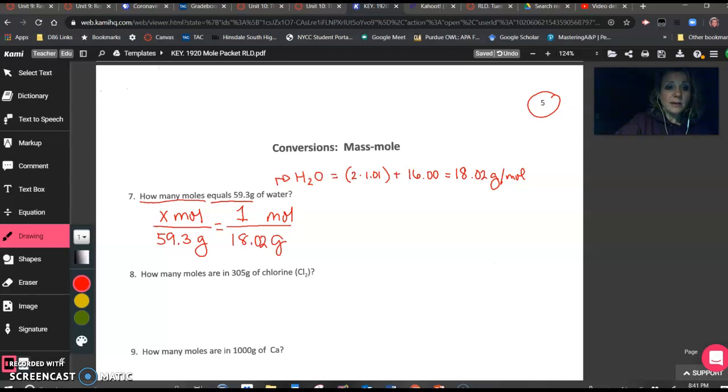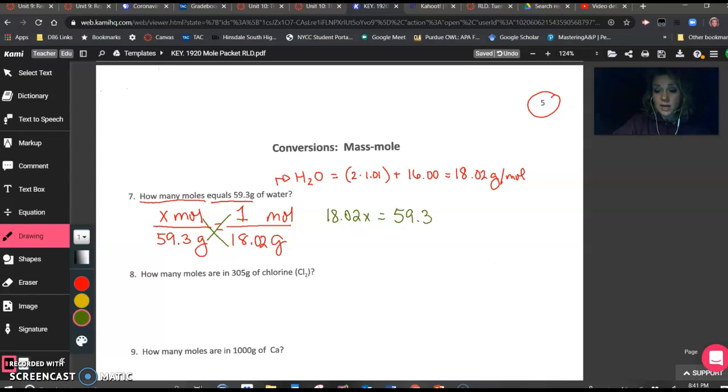All right, great. Now that I've got my proportion set up, I can go ahead and cross multiply and divide in order to solve for x. So this time I have x times 18.02 gives me 18.02x, and that is equal to 1 times 59.3, which is simply 59.3.